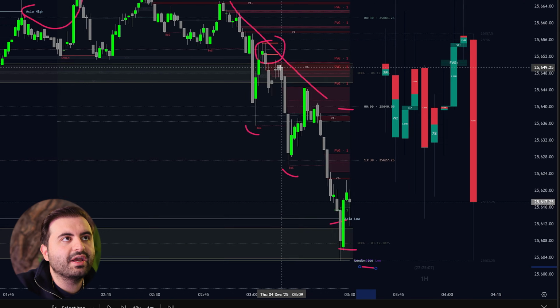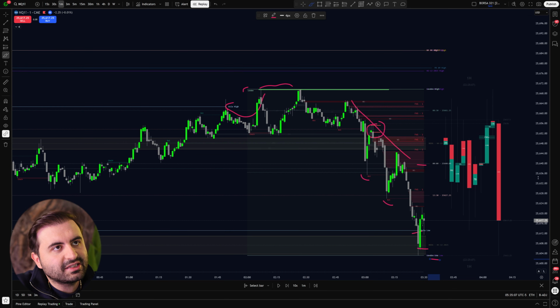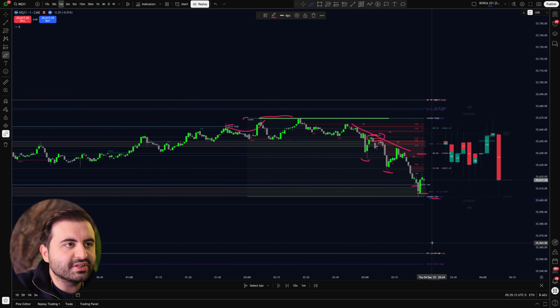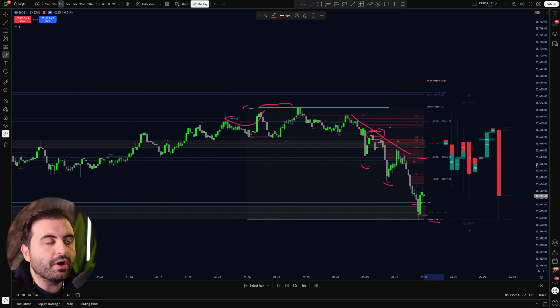Because we are still trading inside the London session. In that scenario, what do you expect? You will just zoom out and see the bigger picture. The closest liquidity level is the New York lunch low, and we have this high that comes from the 30th of November. So these are the possible targets, but currently we already took some major liquidity levels.